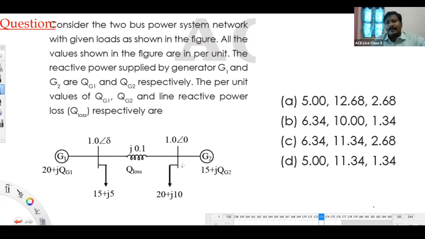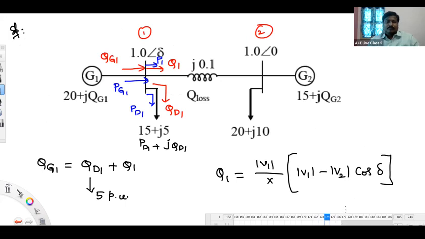And we have to find out the reactive power generated by the second generator. Look here. This is QG2, and QD2 is 10. And this is Q2, which we don't know. We have to get that number.